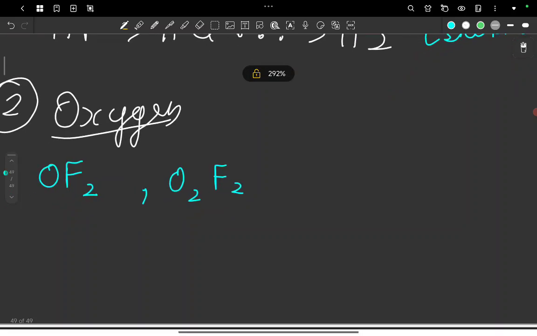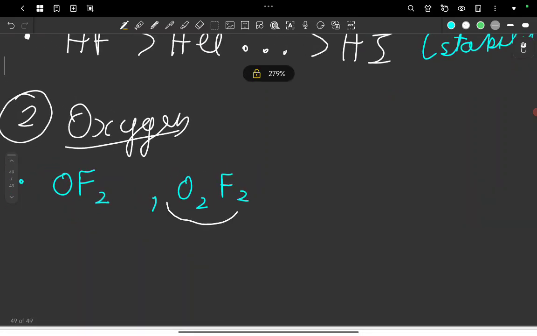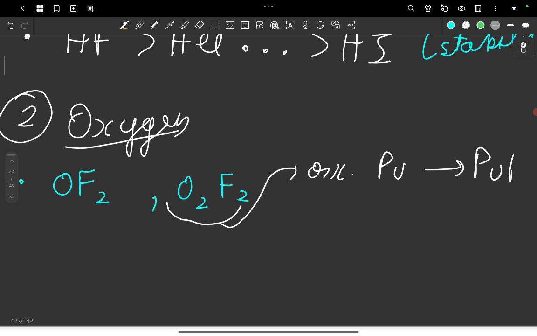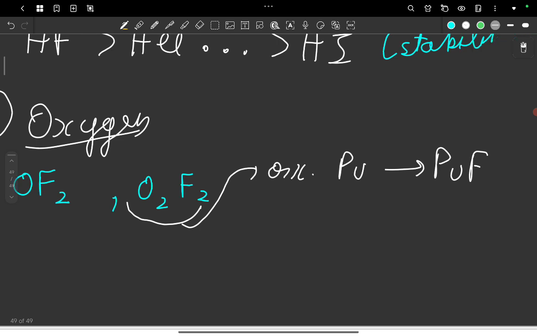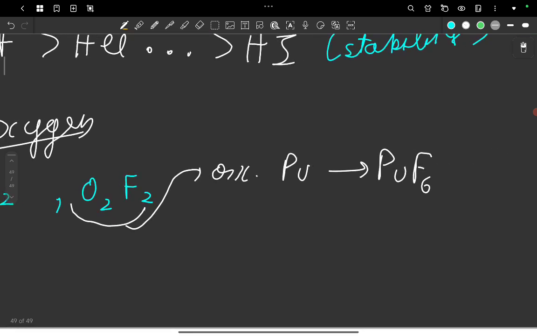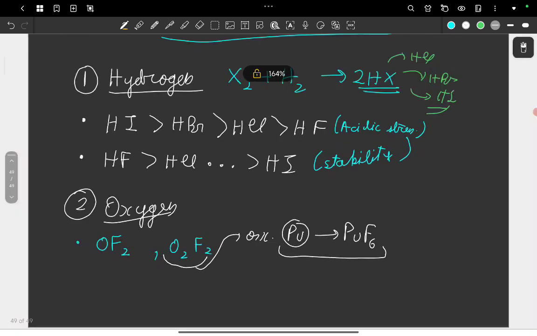And in fact, O2F2 oxidizes plutonium to PuF6, plutonium hexafluoride, and this reaction is used to remove plutonium from nuclear waste sites. You know, plutonium is used in nuclear stuff, and once it's done being used, we can use O2F2 to remove it from the test site. And that was it about OF2 and O2F2.